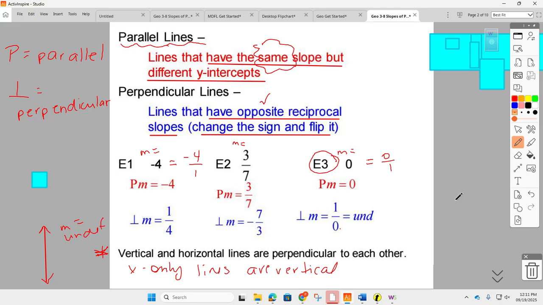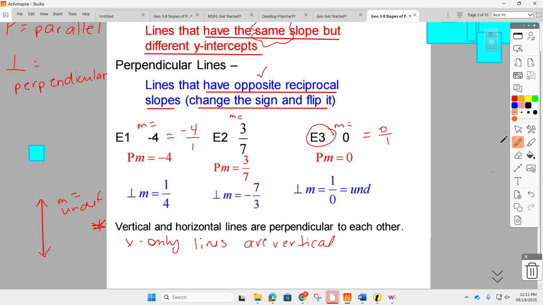Y-only lines, like y equals 3, are horizontal lines. So a y-only line, that means when you see the equation, it only has a y. They are horizontal lines. Horizontal lines always have a slope of 0.